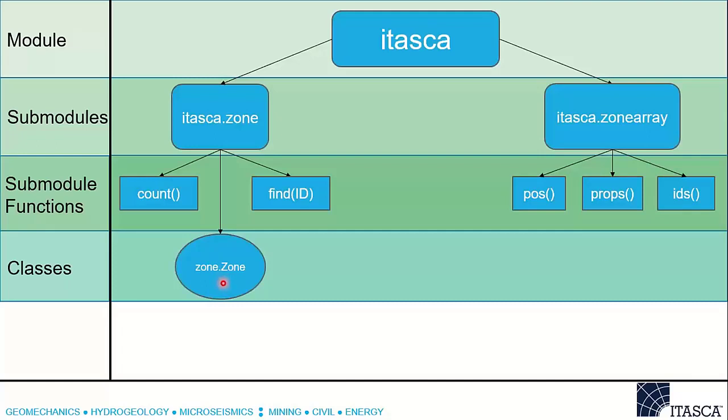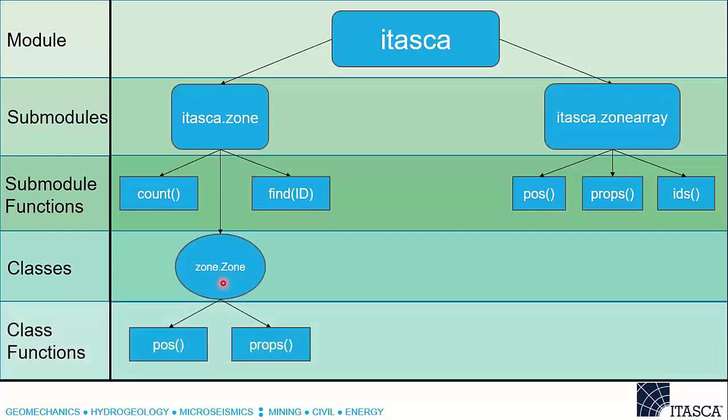This is important to note if you're working in the object-oriented interface, so that you don't accidentally try to call some object functions on the actual submodule itself. Once again, this naming convention is consistent for other types, such as contacts or grid points. Within each class are then specific class functions, which can return the position or the properties of that specific zone.